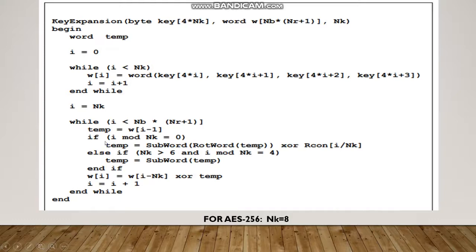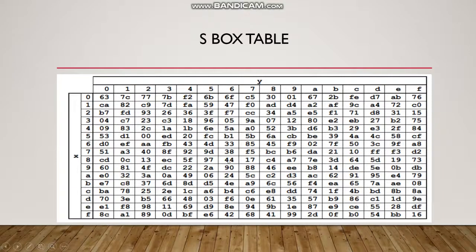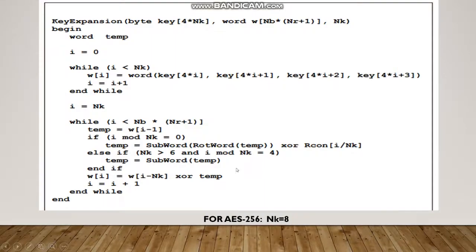And if i mod Nk is equal to 4, that is, if this if condition is not fulfilled and i mod Nk is equal to 4, then in that case the temp will get replaced with SubWord of temp, that is for i equal to 12, 20, 28.